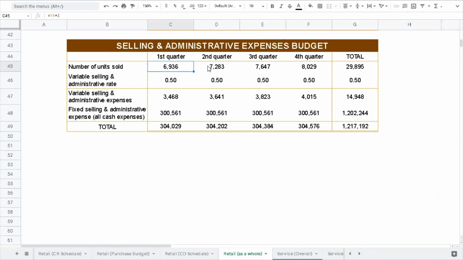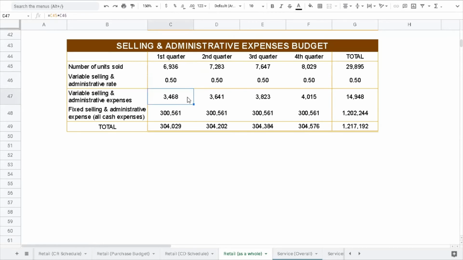For each of the succeeding quarters, it will be increased by 5%. As per assumption, there is a variable selling and administrative rate of 0.50 for every unit sold. So we will just multiply that by the units sold to get the variable selling and administrative expenses.